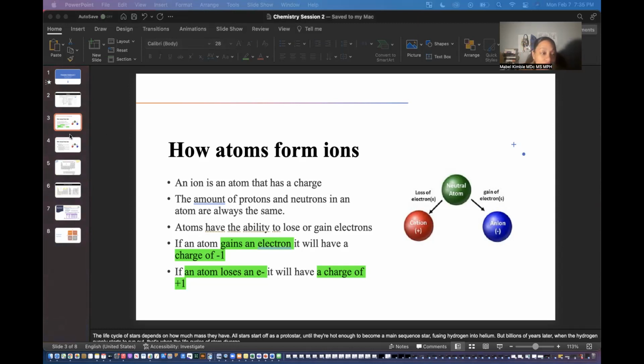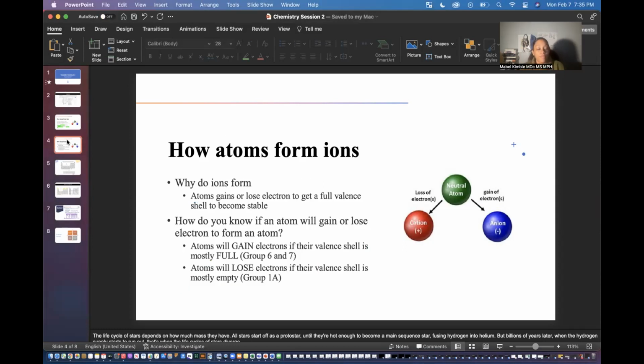Now, why do ions form? As we've talked about before, they form because atoms want to be stable. They want to reach that full octet, the full 8 valence electrons. That's one way they will become stable.